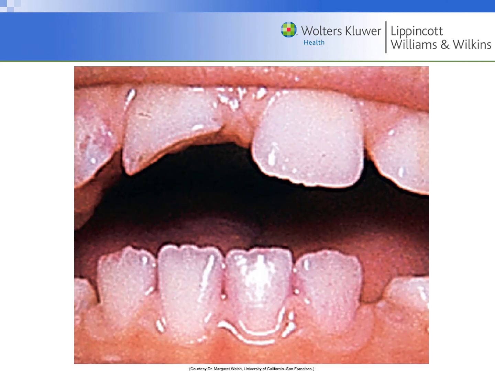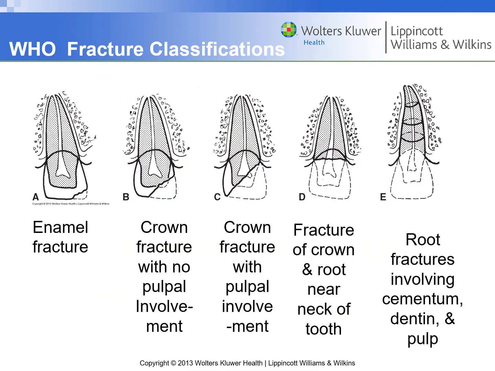Okay, so we all know what a fractured tooth looks like. But the World Health Organization, which is WHO, has fracture classifications. I remember this being in review books for boards. This will give all the different types of root fractures.